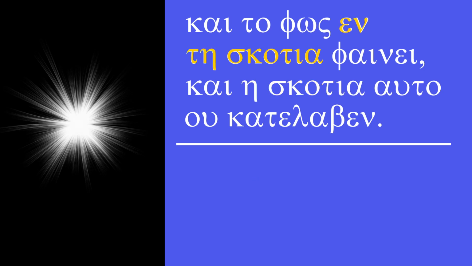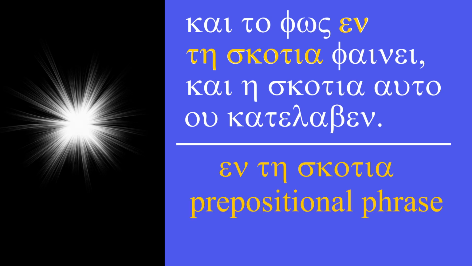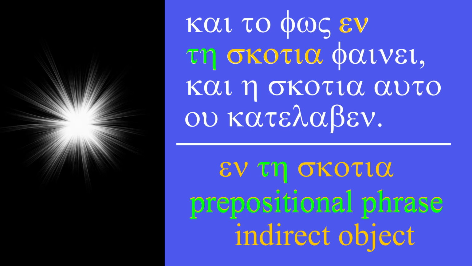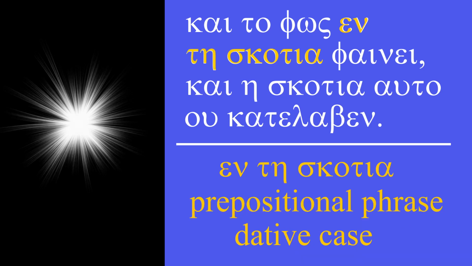In the first sentence, the word the, ti, is in the prepositional phrase en ti skotia, in the darkness. En ti skotia is a prepositional phrase in both Greek and English. In Greek, the switches to match the fact that it is within the prepositional phrase. It is an indirect object here. Technically, this is called the dative case, but we won't get bogged down in grammar at this point.